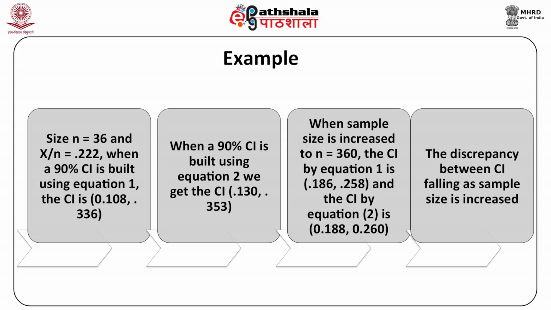When the sample size is increased to n equal to 360, the CI by equation 1 is 0.186, 0.258 and the CI by equation 2 is 0.188 and 0.260. Hence, we observe the discrepancy between the CIs falling as the sample size is increased.